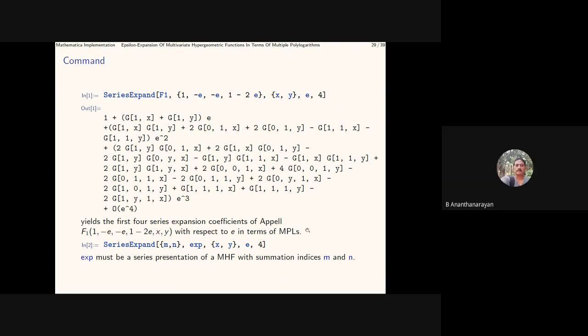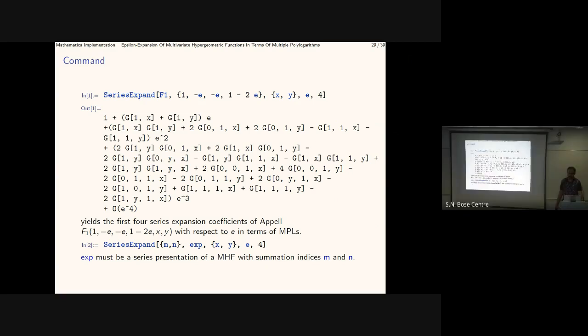I see. Hi. Okay. So that is a very good thing. When I started looking at the multiple zeta functions, it was very difficult.